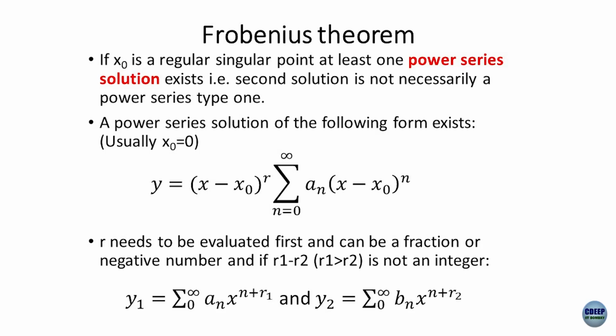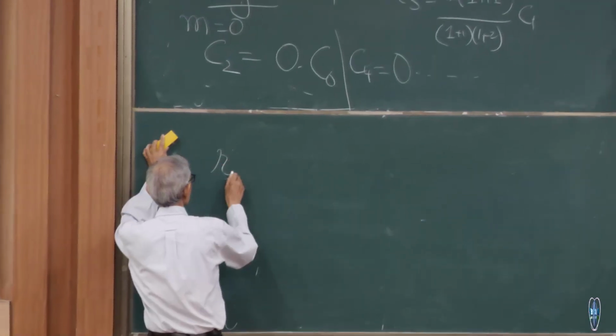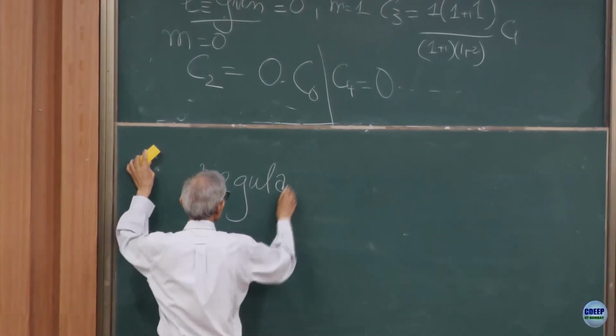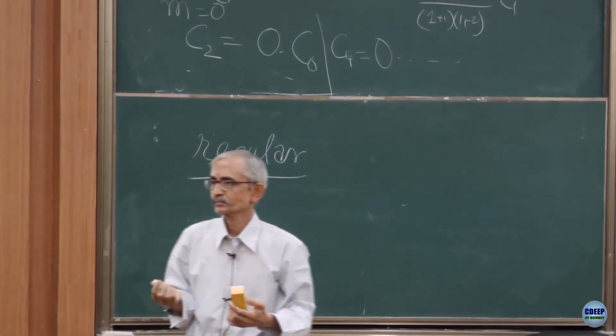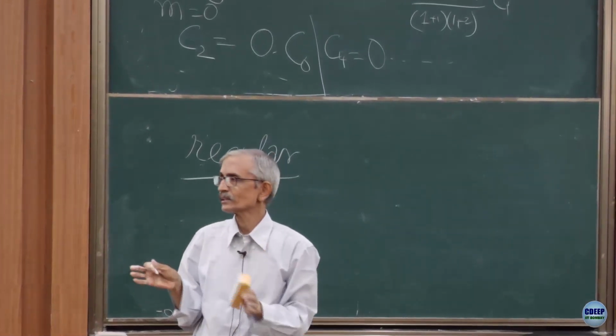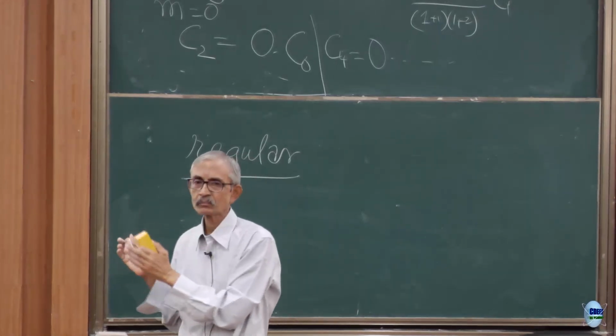Okay. So there's something called the Frobenius theorem, and it says that if x naught is a regular singular point, if I have a singularity at a particular point, and we have already seen that a singularity can be a regular singularity or an irregular singularity. So if it is a regular singularity, then the Frobenius theorem works.